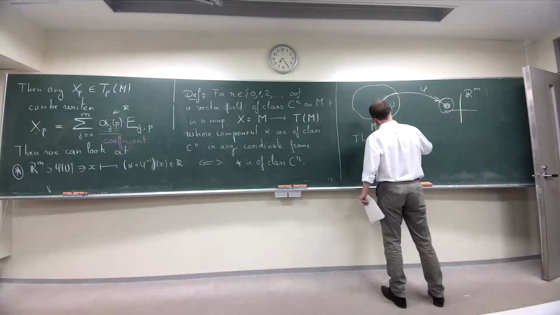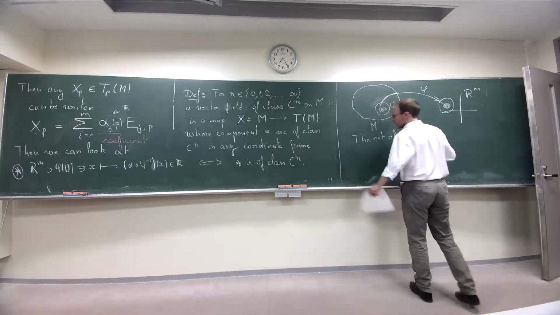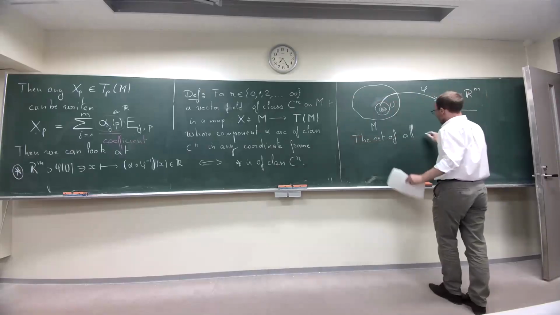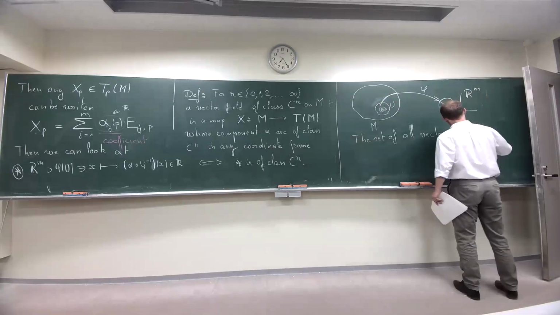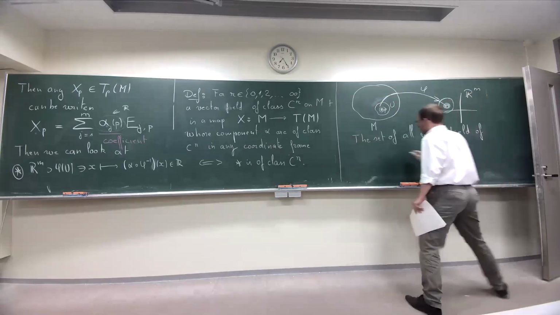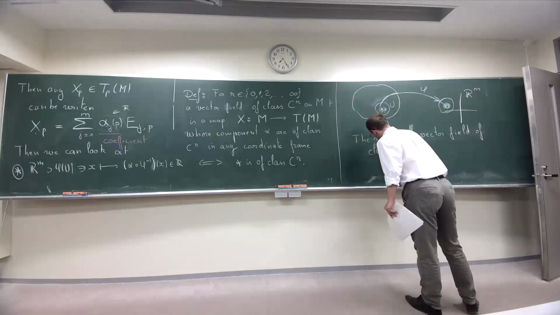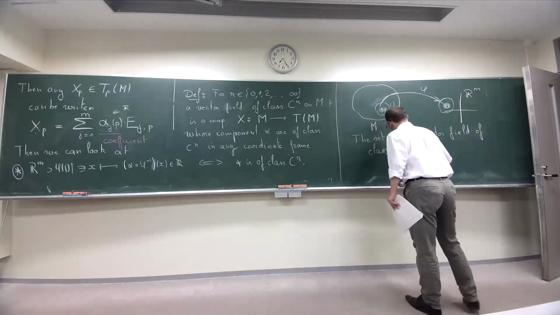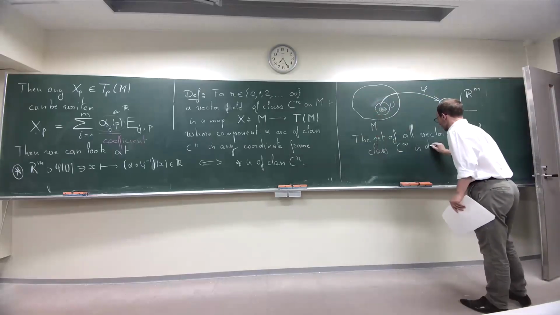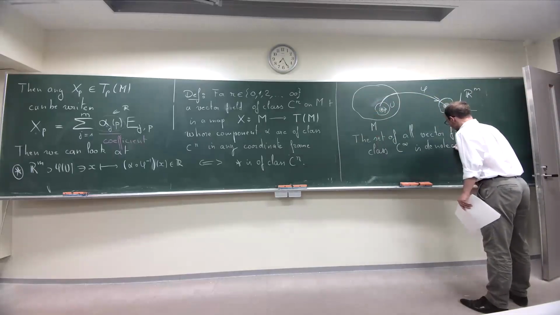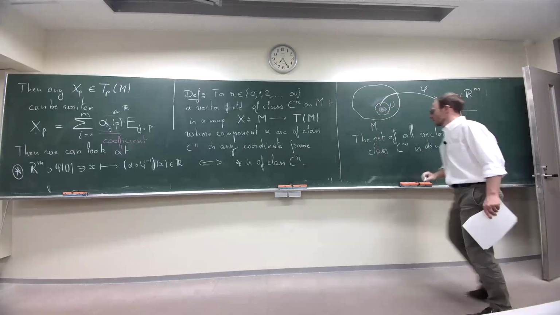The set of all what we call vector fields of class C infinity, so the ones where this function is C infinity, is denoted by a notation which is quite standard.